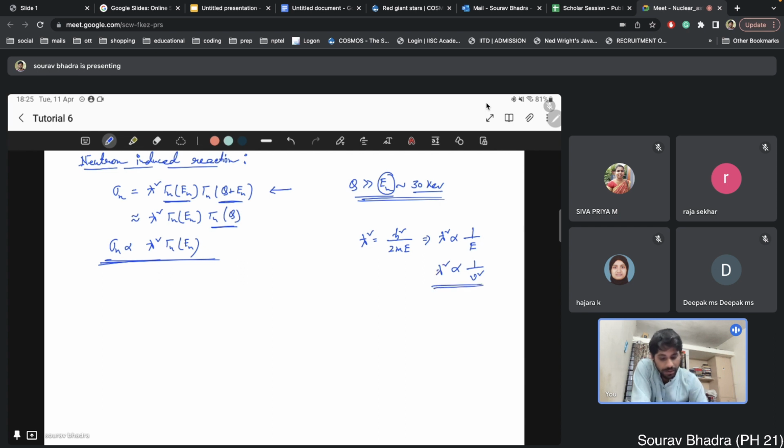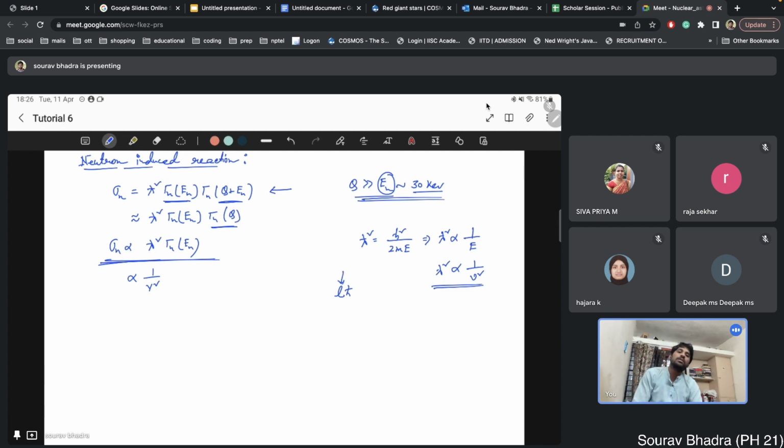Okay, so your lambda square goes as 1 by v square, and here we will use the simplest scenario. As this is a resonant reaction, and in the last class I told you that a resonant reaction mainly depends on the angular momentum of the projectile. If you can remember, L h bar is the angular momentum, so L is the angular momentum quantum number.